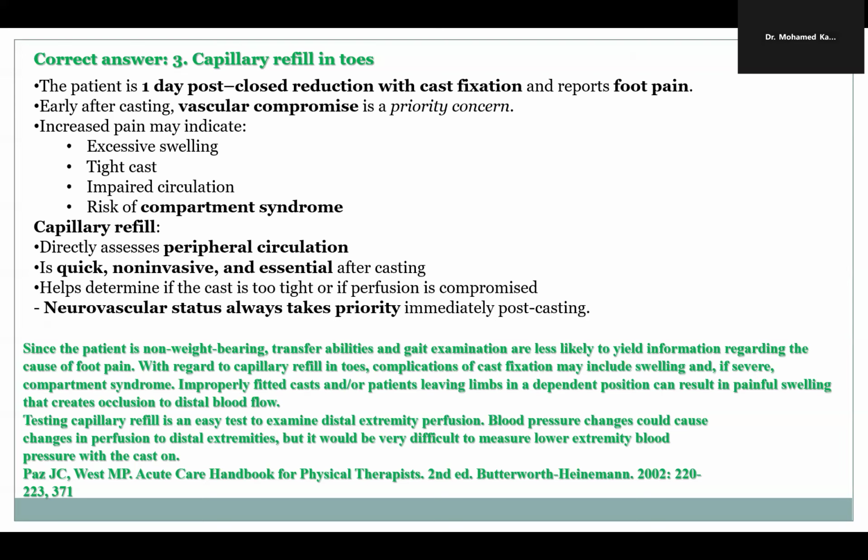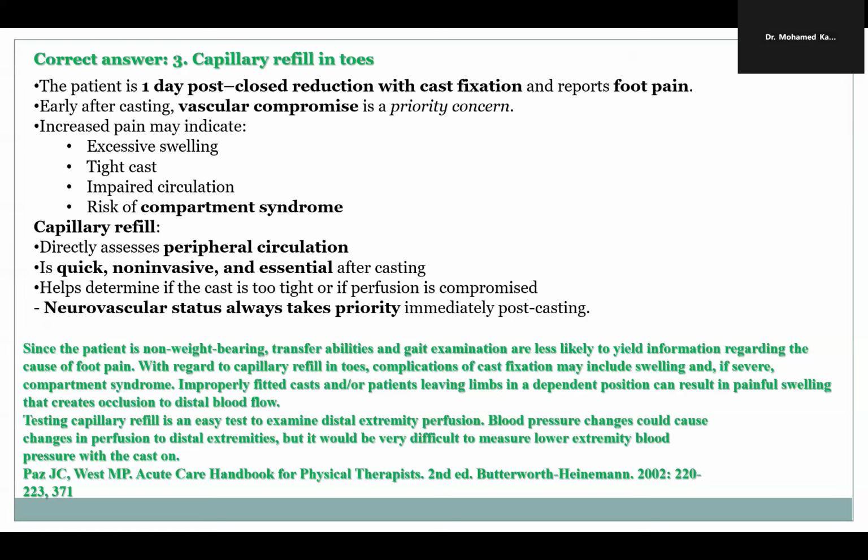So vascular compromise could be a priority, and with this increased pain, we might think that there will be excessive swelling, the cast is too tight, there is impaired circulation, and then what could happen?